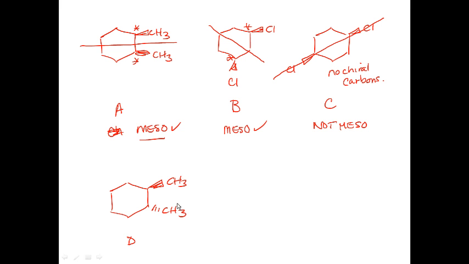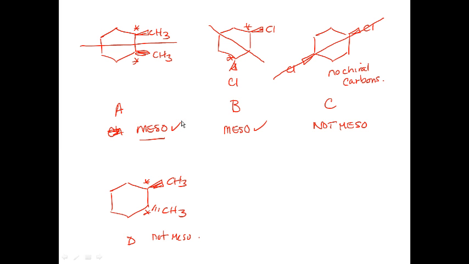Is molecule D meso? It has two chiral centers, but no internal mirror plane, therefore it's not meso. Okay, so there are many different molecules that we can have that are meso, and the question is, do they have chiral centers?